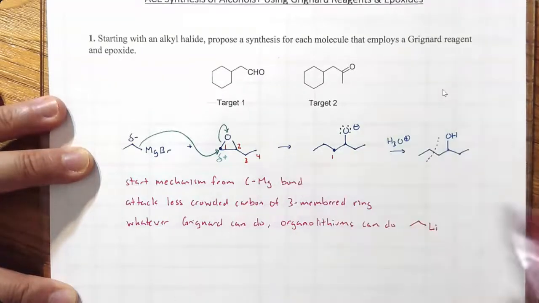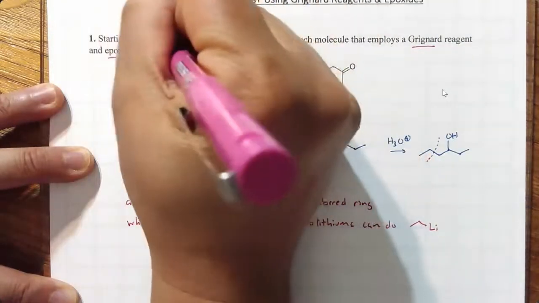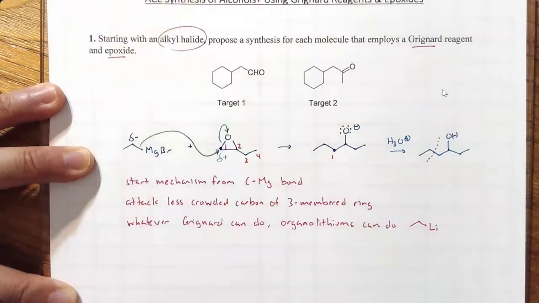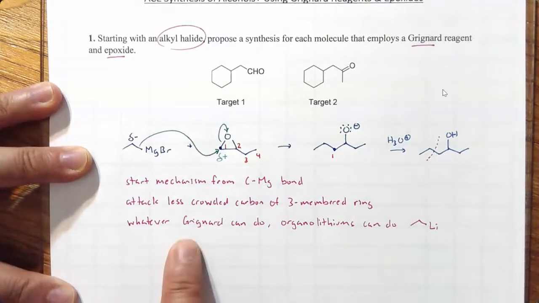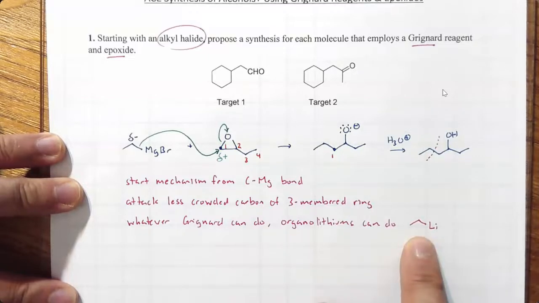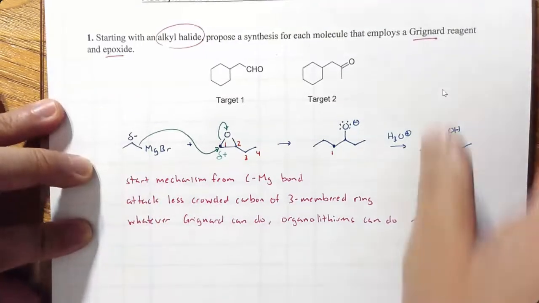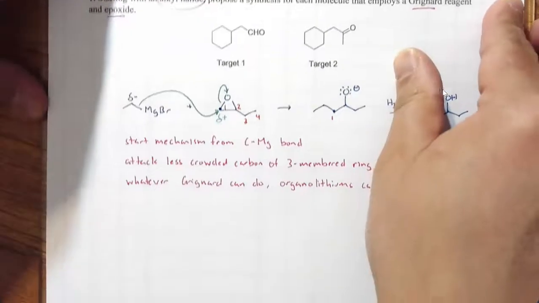That's what the question's asking: Grignard reagents and epoxide starting from an alkyl halide. Oh, the last thing is, whatever a Grignard can do, organolithiums can do also. So that's an organolithium that's analogous to this Grignard reagent. Okay, enough of the review.